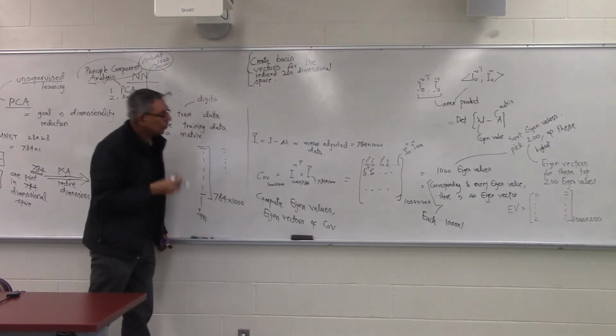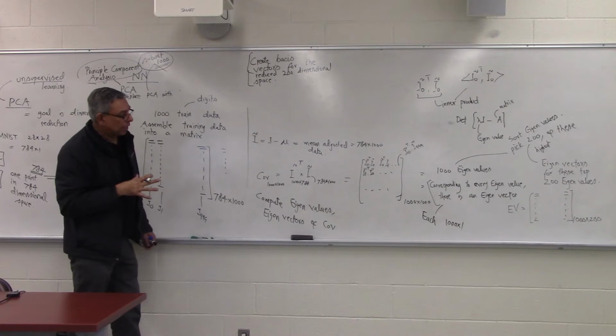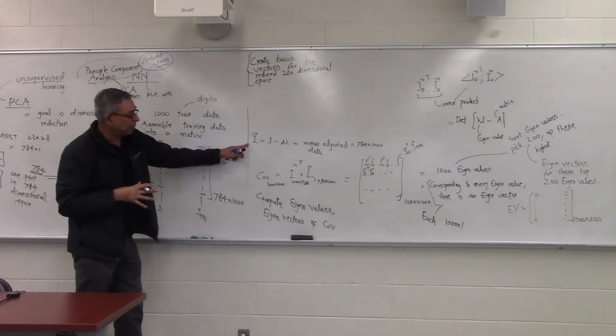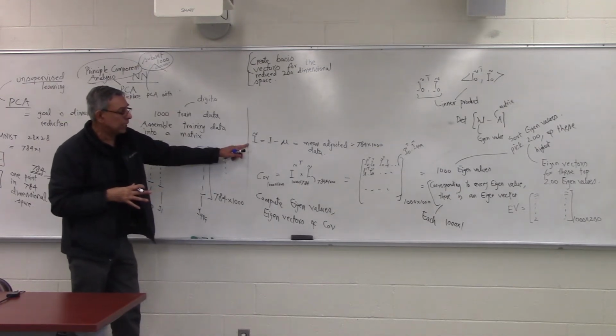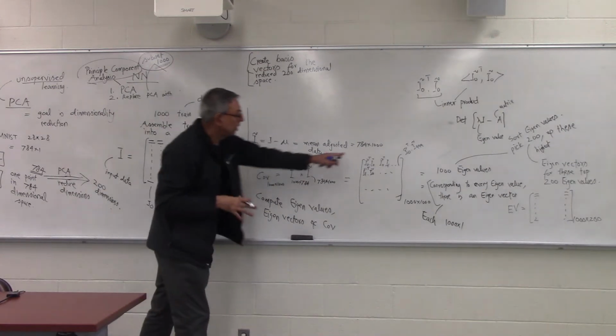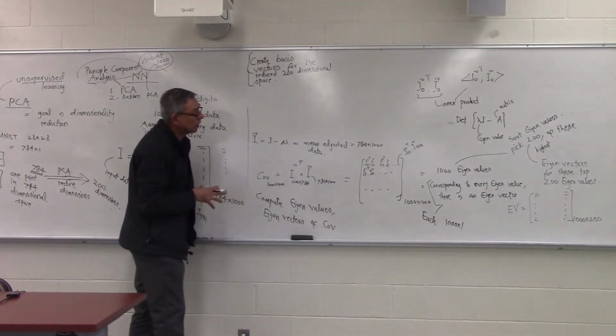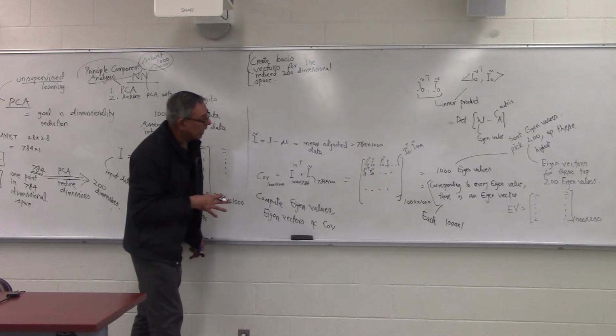Okay, so if you take a look at our original mean adjusted data, what was the size of it? 784 by 1,000, right?